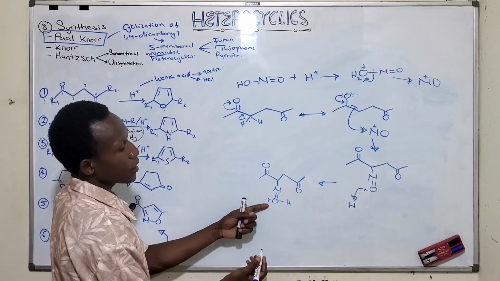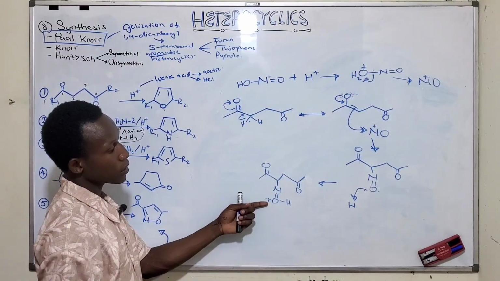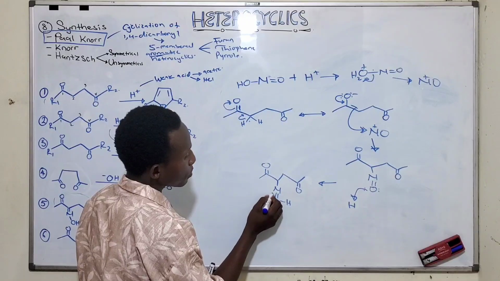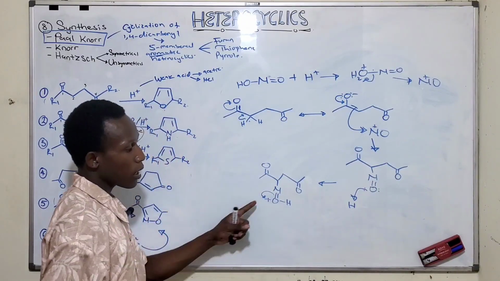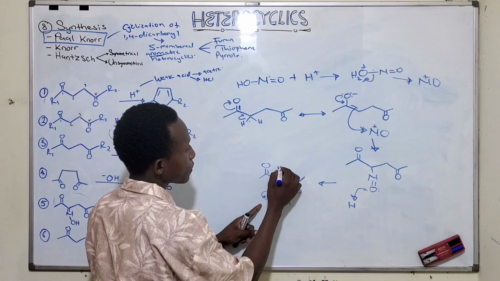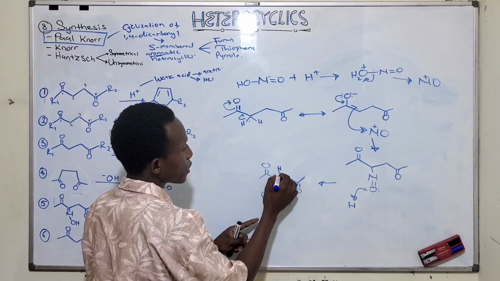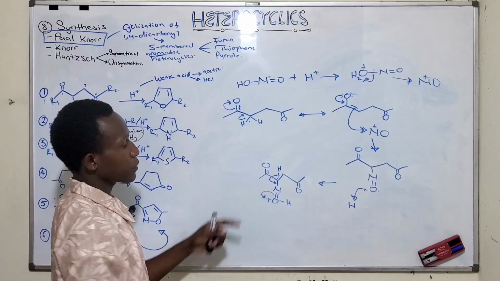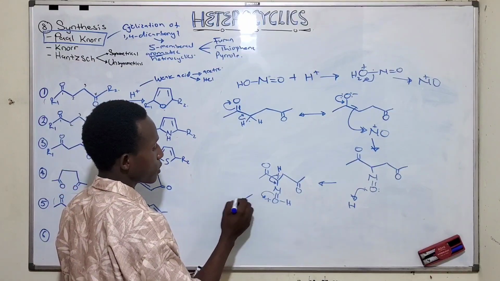So it is unstable. As it pulls electrons to stabilize, remember here we're having a hydrogen. This hydrogen will be lost to form a bond with nitrogen, forming this.